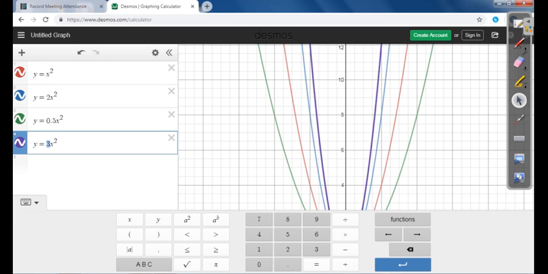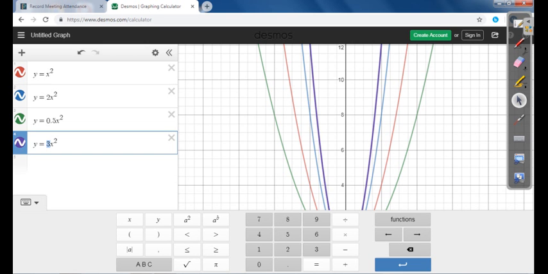So just by multiplying your x squared by a number, it's going to change the stretchness of your graph, okay? The look of your graph. It's going to make it narrower or it's going to make it wider, okay? Now, they all open up, correct?